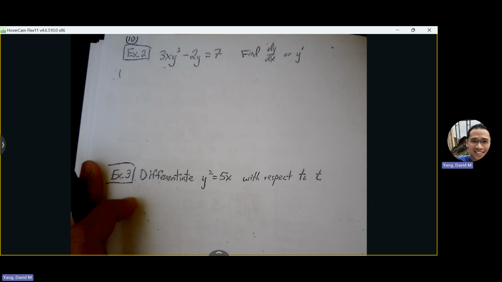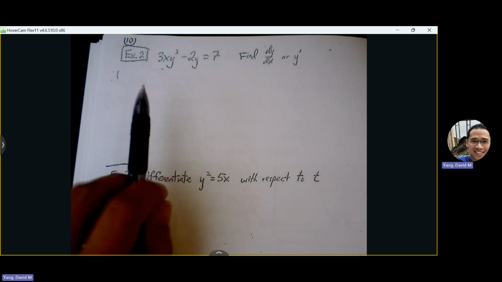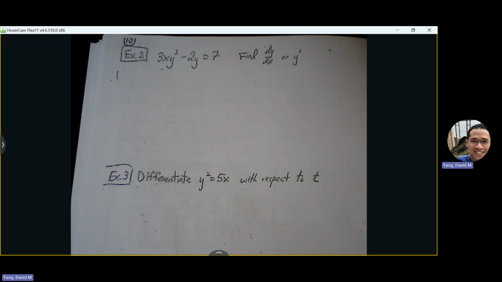Can you spot another rule that we have to involve? It has to do with this 3xy cubed. What other derivative rule do we have to make sure we include as we find that derivative?